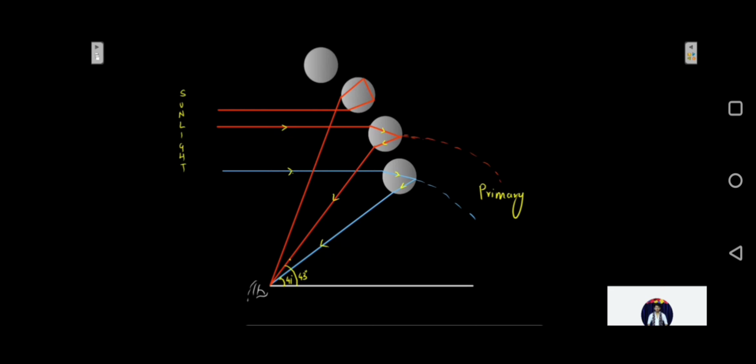Let's mark the arrows. The ray came like this, got reflected again, got refracted, and came to the observer. The angle made by the red light from the secondary rainbow is going to be 51 degrees, as discussed before.